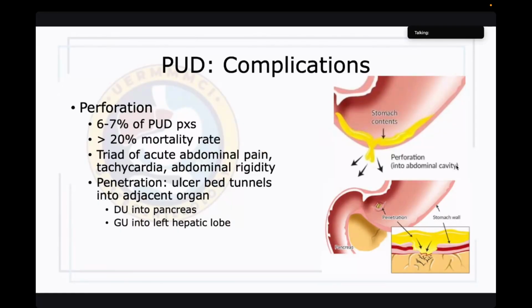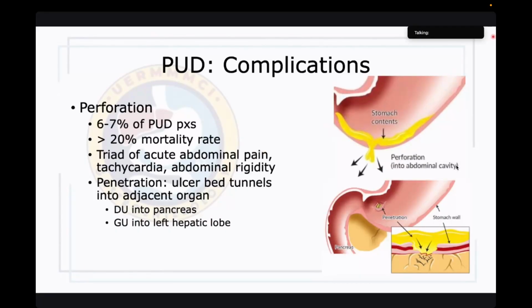Elderly patients are more at risk for perforation because of increased use of NSAIDs and also cardiovascular drugs. In perforation, there is spillage of the gastric contents into the peritoneal cavity, and this will cause peritonitis, which is a surgical emergency.